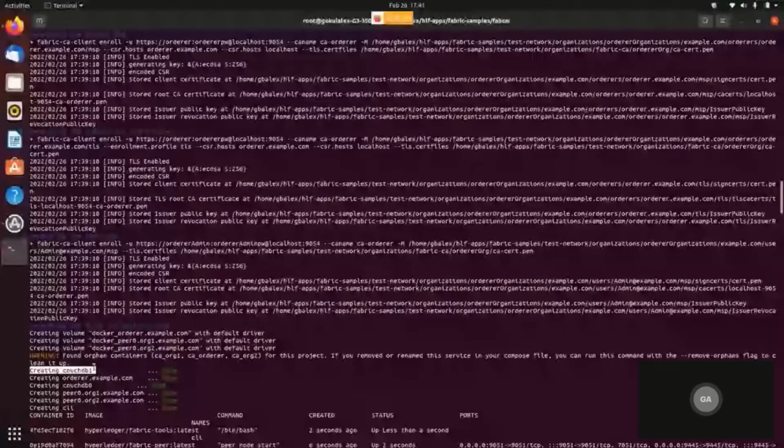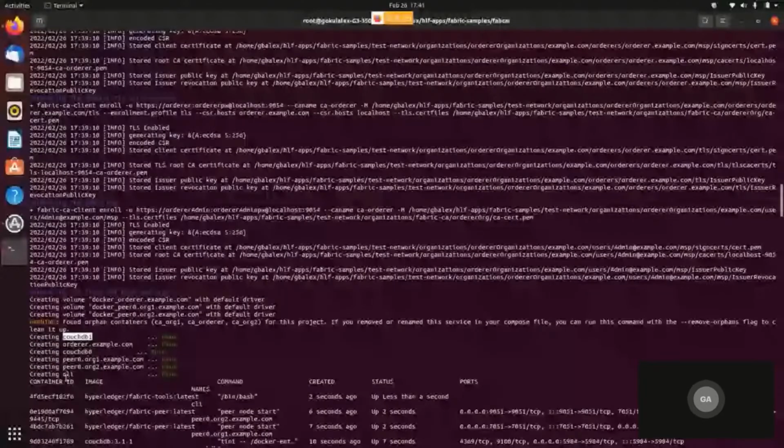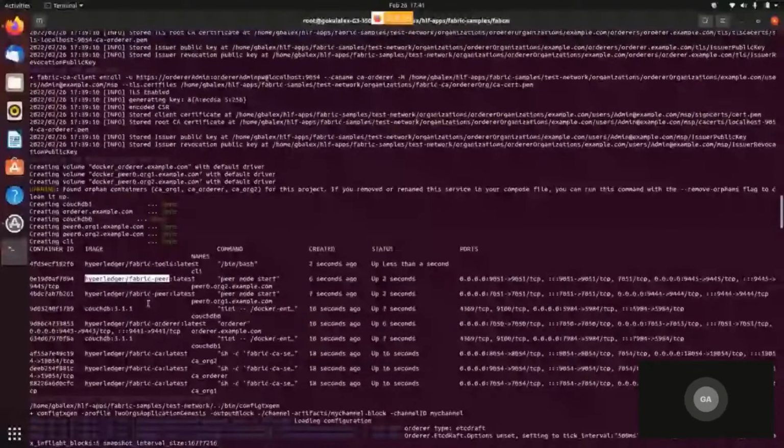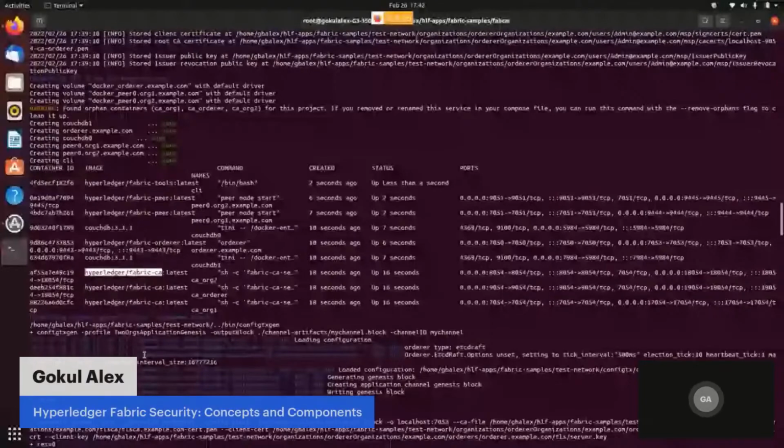And now you can see all the running containers: the Fabric peers, the CouchDB container, then the orderer, then the certificate authority, and thereafter it is running the command to create the channel.